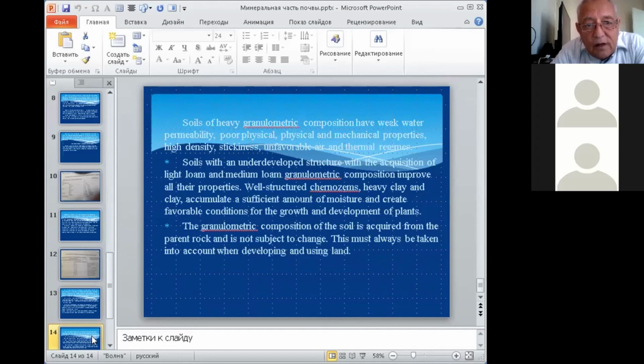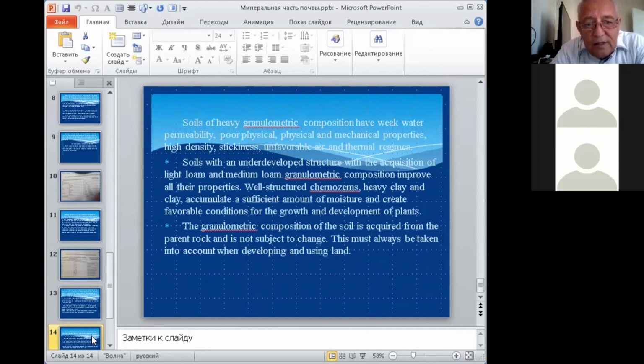Soils of heavy granulometric composition have weak water permeability, poor physical and mechanical properties, high density, thickness, and unfavorable air and thermal regimes.